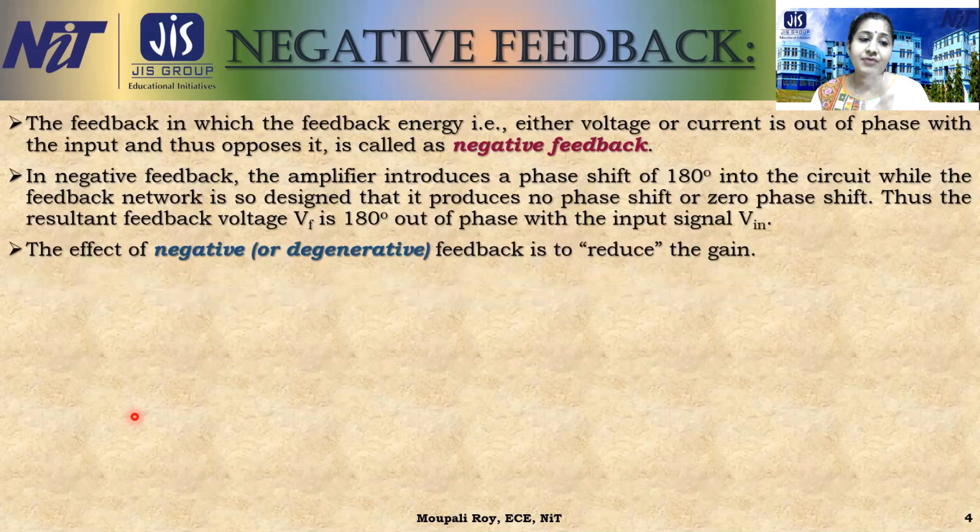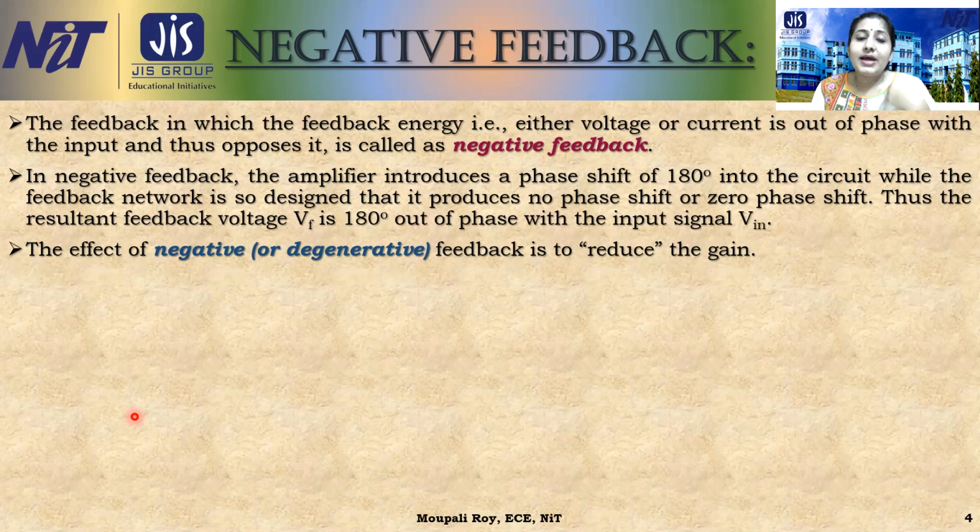The effect of negative or degenerative feedback is to reduce the gain, because if we give the feedback with a 180 degree phase shift to the previous gain, it has a negative effect. It reduces the gain.